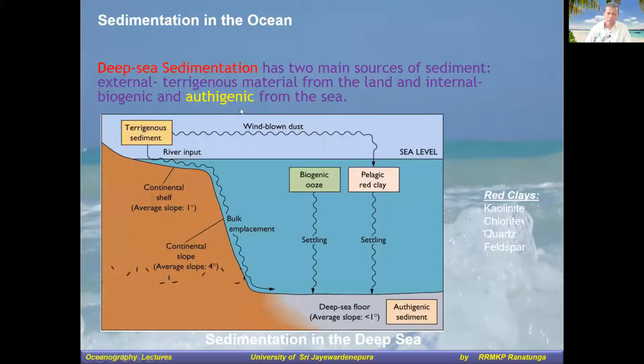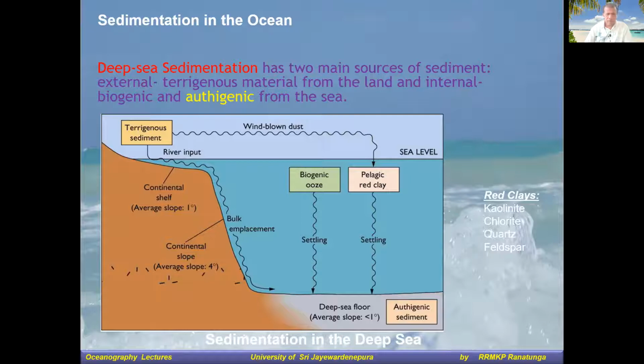For example, in some documents you will see something called orthogenic sediment, which refers to some sediments that form naturally in the marine environment. Orthogenic means naturally, but it has no scientific base.